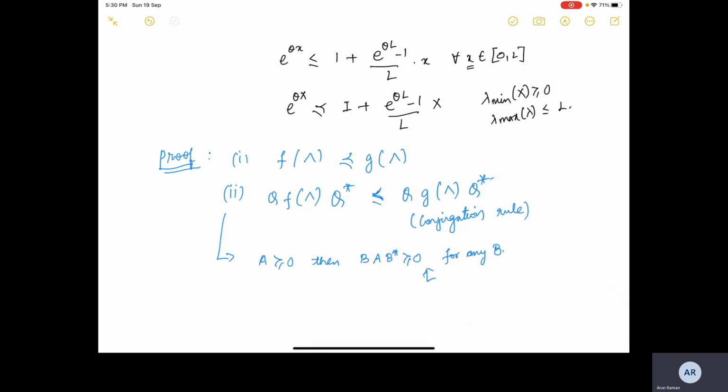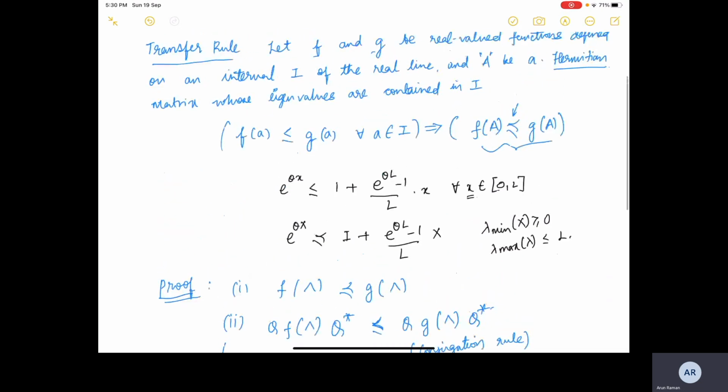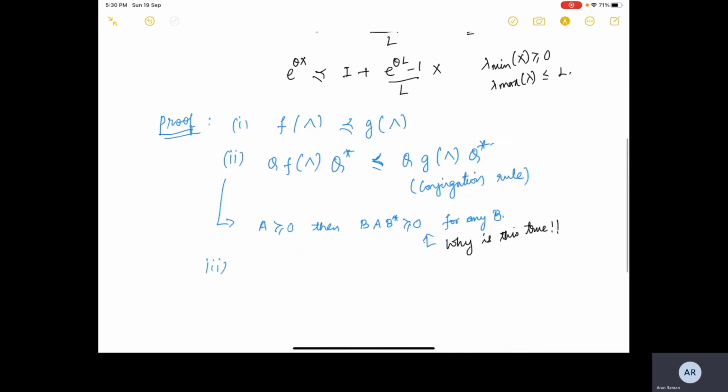You can refer to several online resources. I think this can be easily found on Google. Why is this true? Okay. Once this observation is established, then we get a proof of the transfer rule directly by the definition of standard matrix functions.